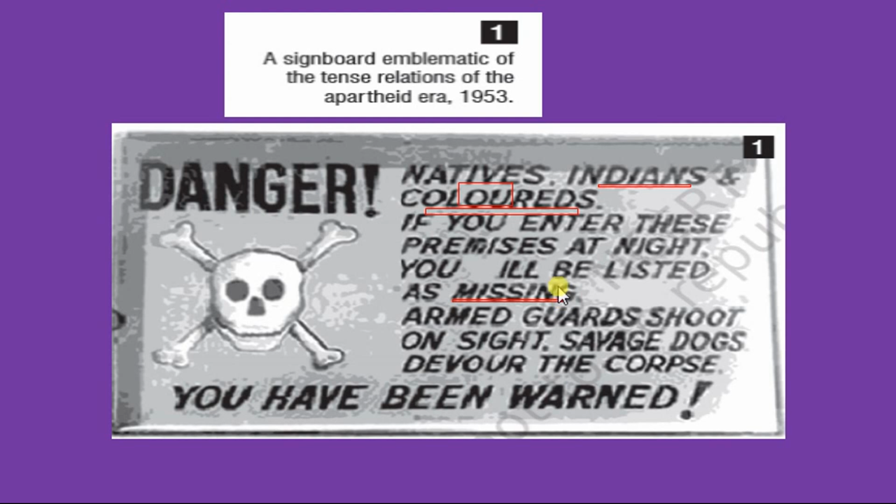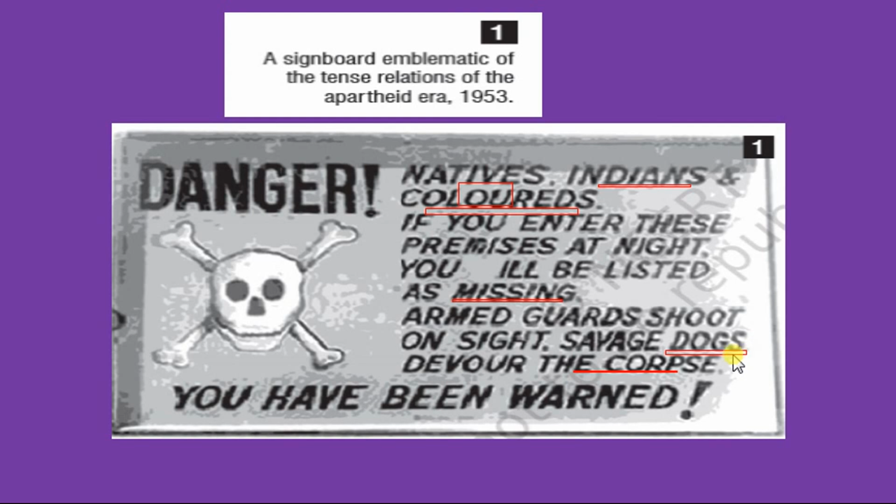So natives means native Africans, Indians and colored people. If you enter this area, you will be treated as missing, in the sense that the armed guards will shoot you on sight. Savage dogs, beware of the cops. So it very clearly says that Indians, natives, that is South Africans, and the colored were treated even worse than dogs or animals.